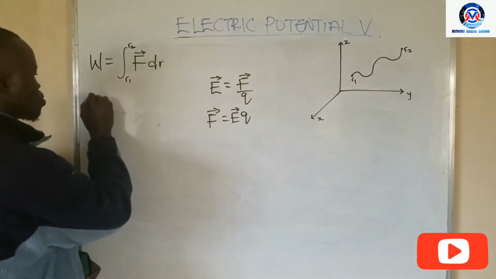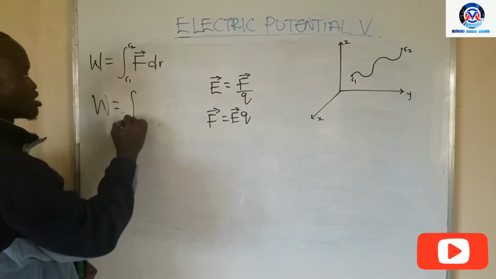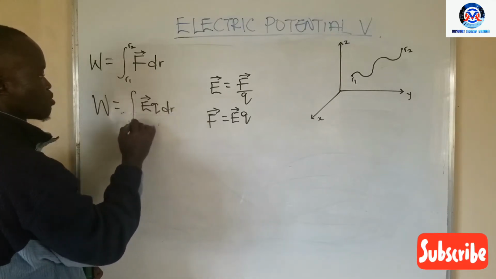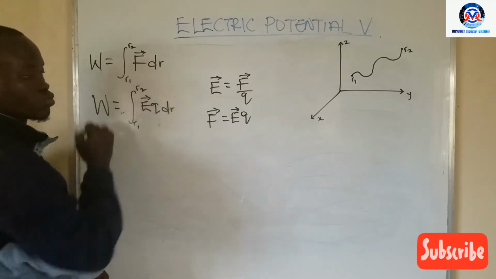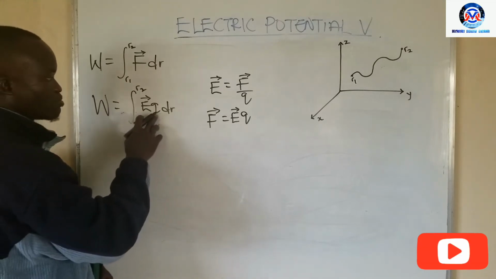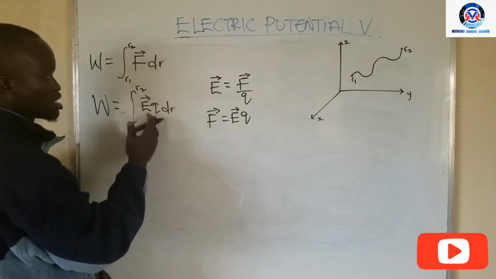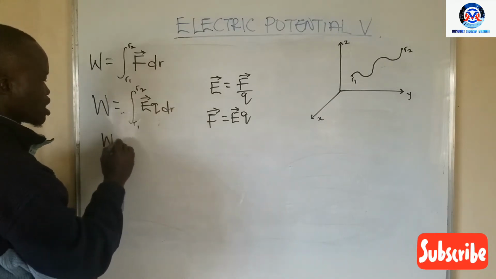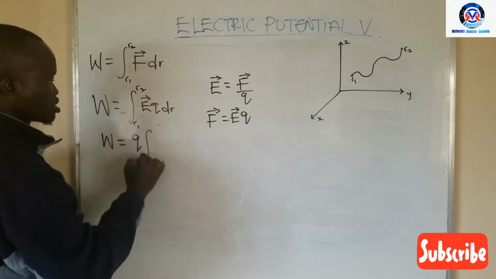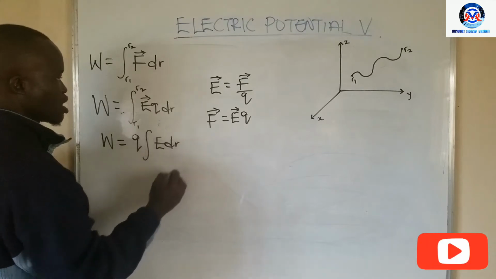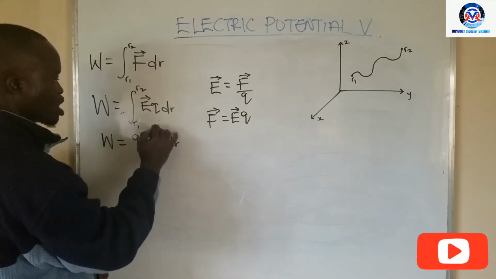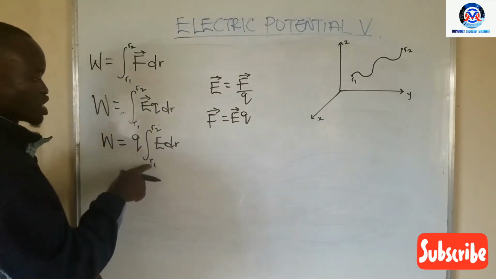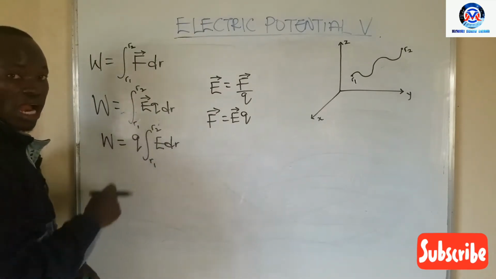So now we have that the work done now is the integral of EQ dr from R1 to R2. So the Q is a constant, so we can take out the Q from the integral, and we have that the work done now is Q times the integral of E dr from R1 to R2, and this is the work done to move the charge from R1 to R2.